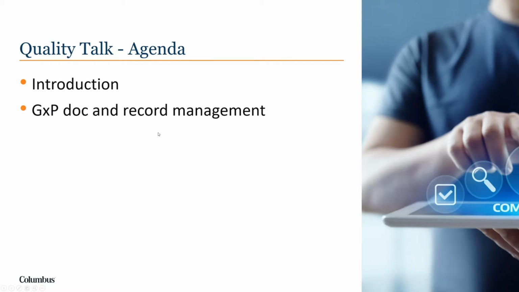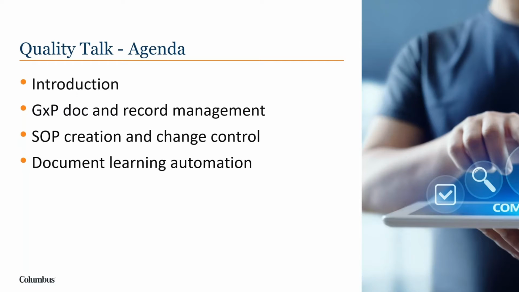After that, we'll go into the main topics of today, and we'll look at GXP document and record management and SOPs, in other words, standard operating procedures, how you can create an SOP and manage the change of it. After that, we'll look at how you can automate the document learning. And in the end, there will be a summary and a QA session, however, a short one.